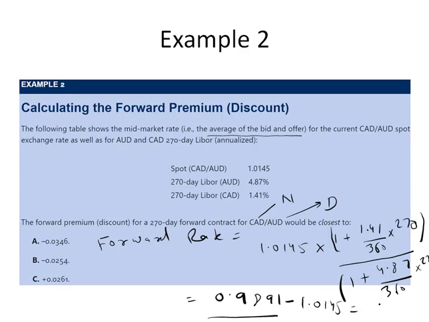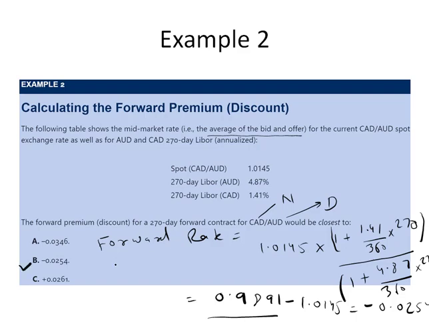So the delta will be, using my calculator, minus 0.0254254, and this is my choice B. So my choice B is the right choice here.